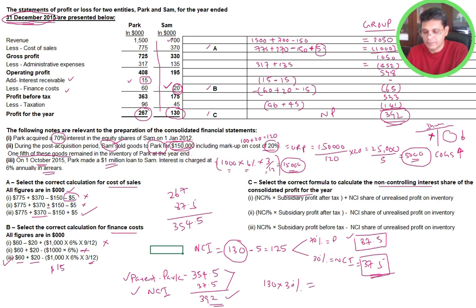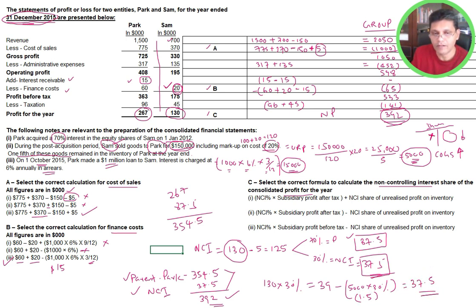So 130 times 30% is 39. From this 39, you need to deduct the unrealized profit portion of 30%. So unrealized profit is 5. We calculated here unrealized profit 5. That 5,000 times 30% belongs to the non-controlling interest. So 5,000 times 30% is how much? 1,500, 1.5. Okay. So 39 minus 1.5 will be 37.5.